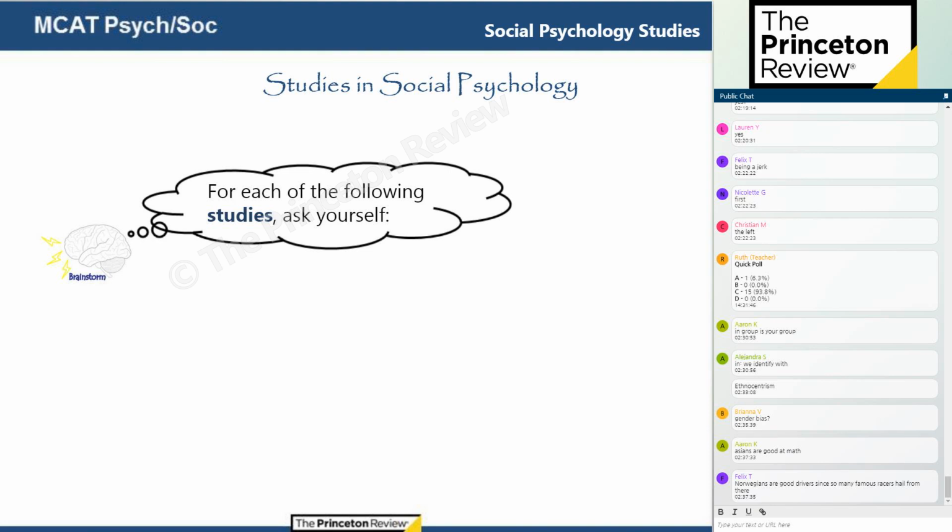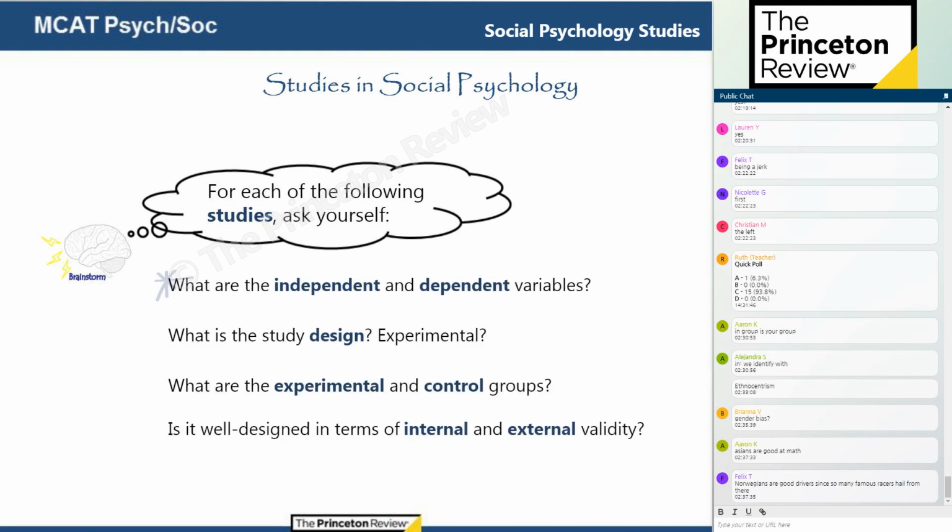So for each of these studies, we're going to be looking at, what are the independent, dependent variables? What is the study design? Are there experimental and control groups? And that kind of thing. So we're going to start.